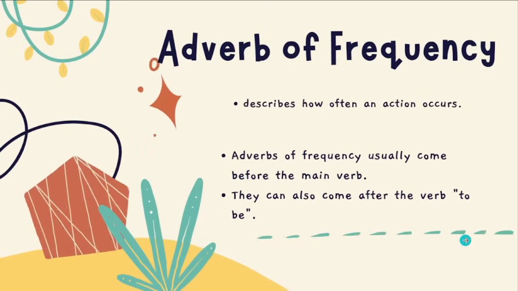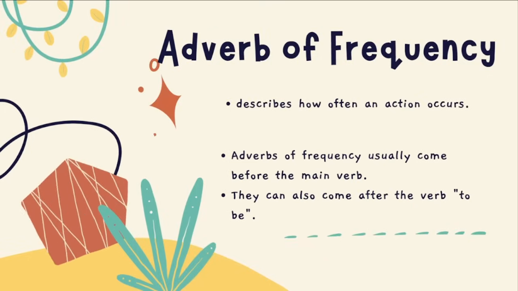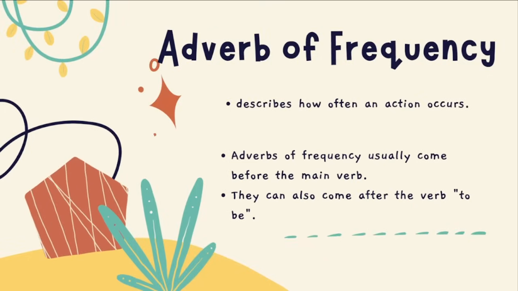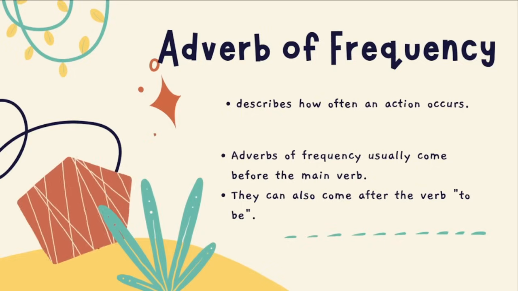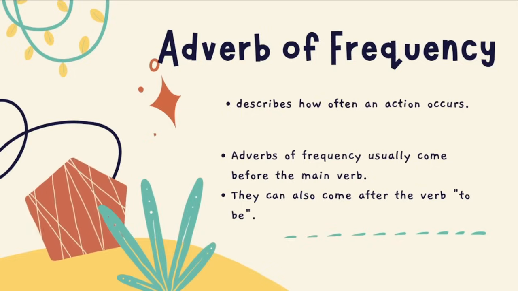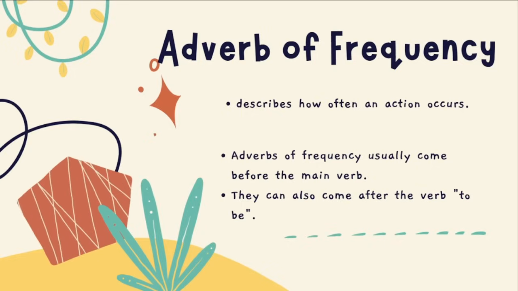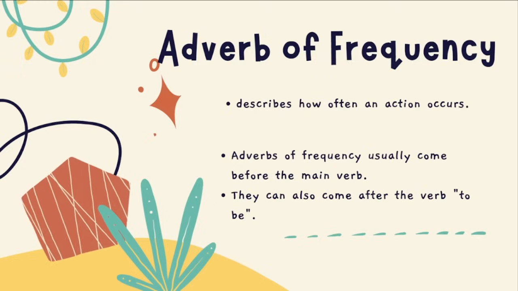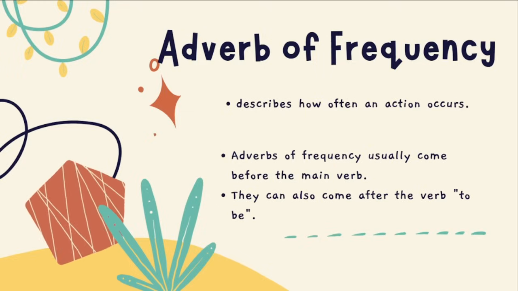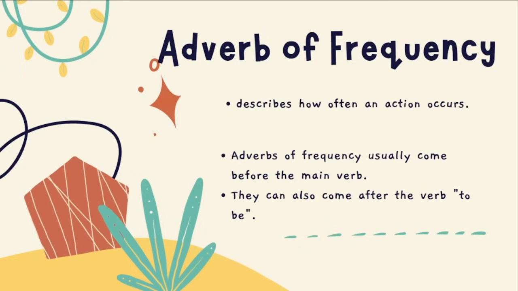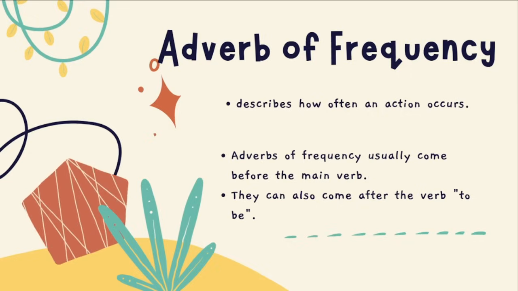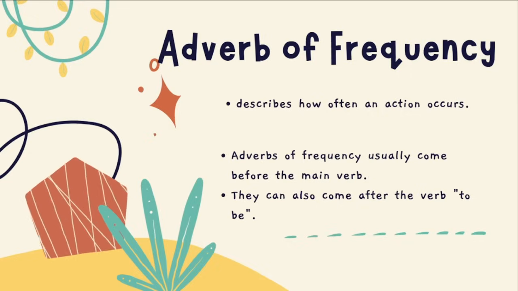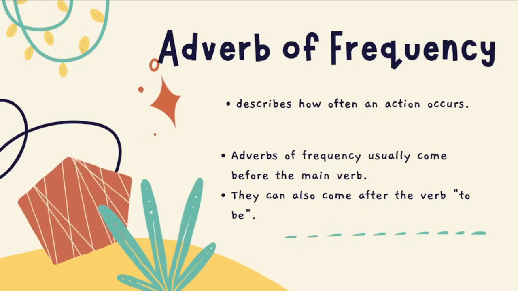So again, adverb of manner answers the question how. Adverb of time answers the question when. And adverb of place answers the question where. So this time, we have the adverb of frequency.